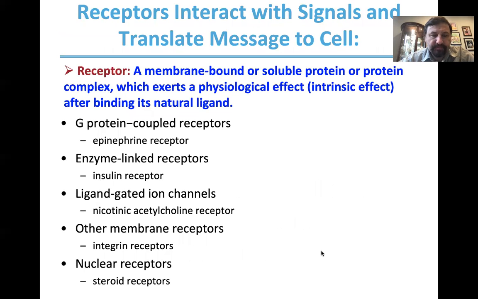So let's talk a little bit about receptors, just a general overview. In general, a receptor will be membrane bound, could be a soluble protein or protein complex, which exerts some kind of physiological effect after the natural ligand binds to it. So we'll talk about G protein coupled receptors, for example, the epinephrine receptor.